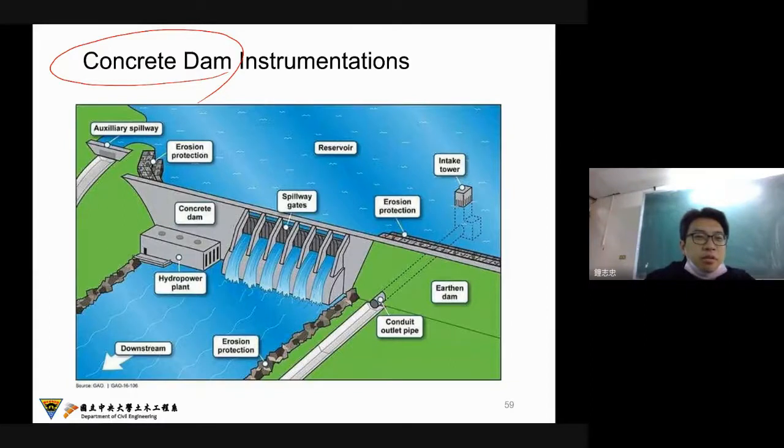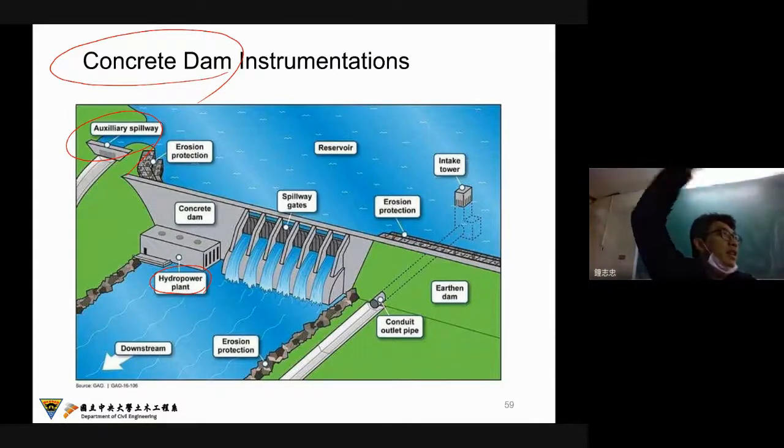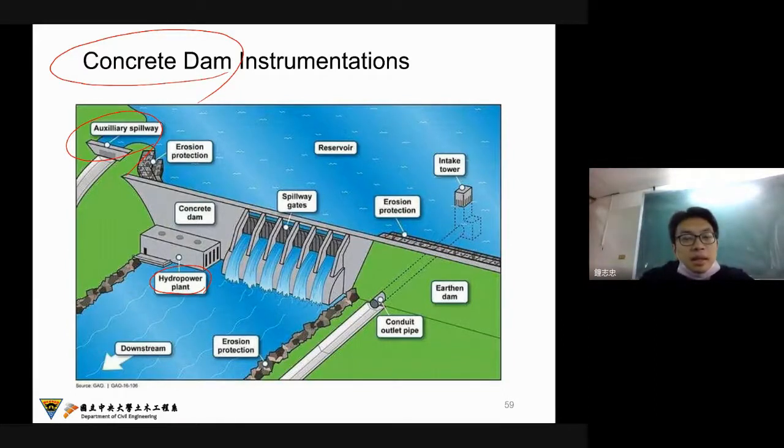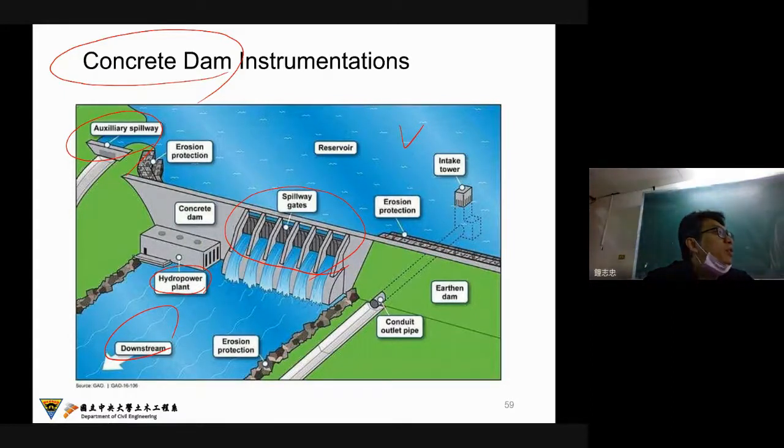This is the spillway, and this is maybe the hydropower plant, using the different hydro gradient to generate electricity. This is the main spillway. This is downstream, this is upstream. Do you know how to tell the right side of the river from the left side of the river?